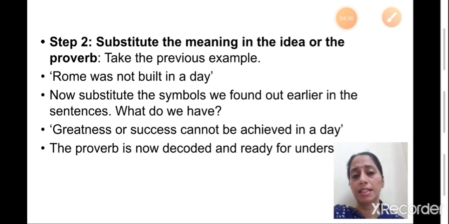Okay, now greatness and success, can it be achieved in one day? No, not possible. Okay, so now the proverb is decoded. You have understood what the proverb is. Clear? Okay, so now you have decoded the proverb and it's ready for understanding. So step 1 is to identify the symbol, and step 2 is to substitute the meaning in the idea or the proverb. Clear?